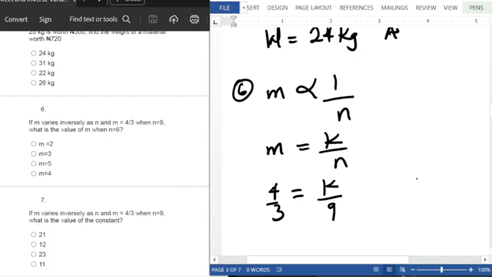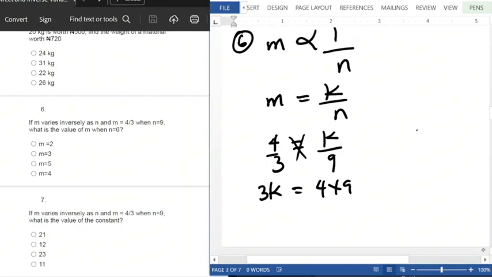So we cross multiply here as well. That gives 3K equals 4 multiplied by 9. Divide both sides by 3, so 3 cancels 3. Therefore K equals 12. So that's the value of our constant.